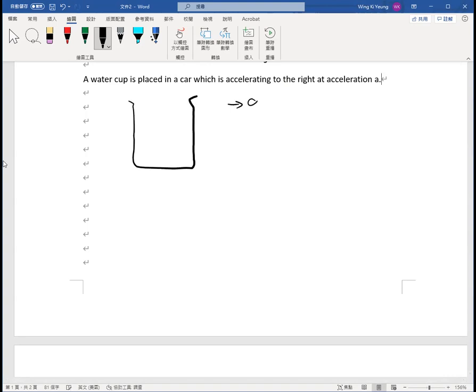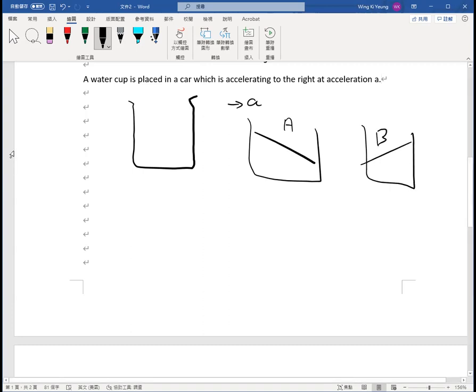Now the car is moving with acceleration a. Let me ask you first: now the water surface is no longer horizontal. The water surface will be tilted at some angle. So how does the water surface look like, A or B, if the car is accelerating to the right?